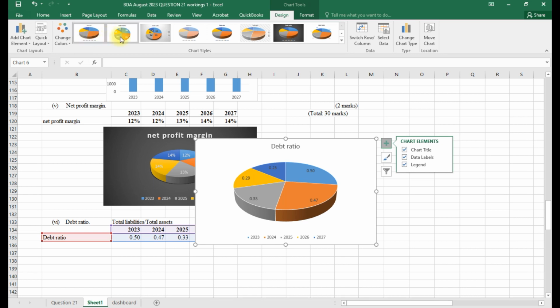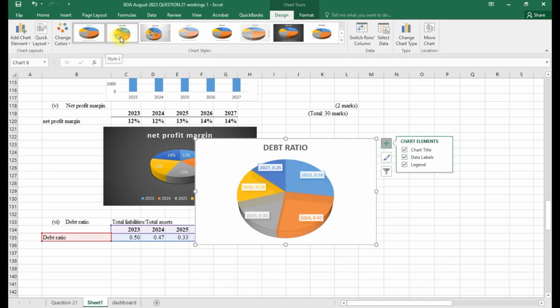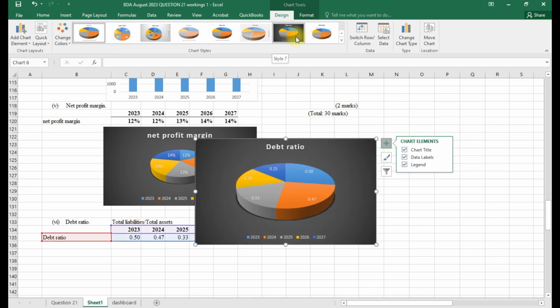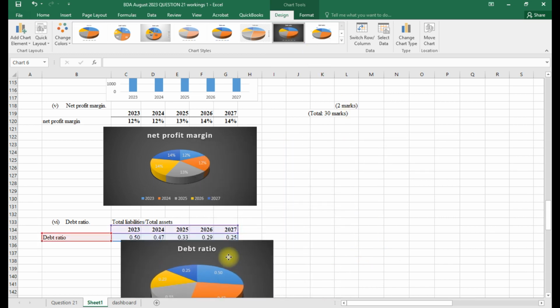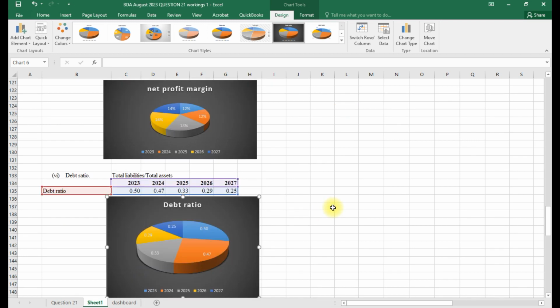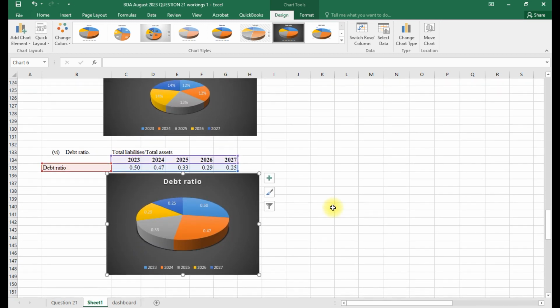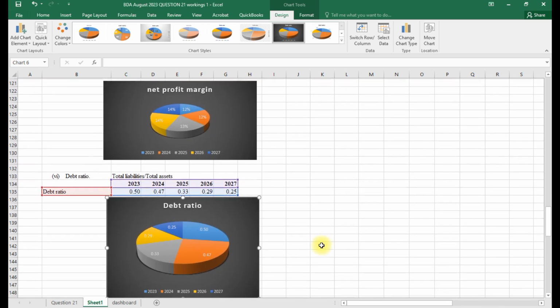So let me pick whichever one you feel is a good representation. Let me just pick this still, so that if I was to represent them using a dashboard, it will appear something great. So that is it for 2 marks each, the graphs.